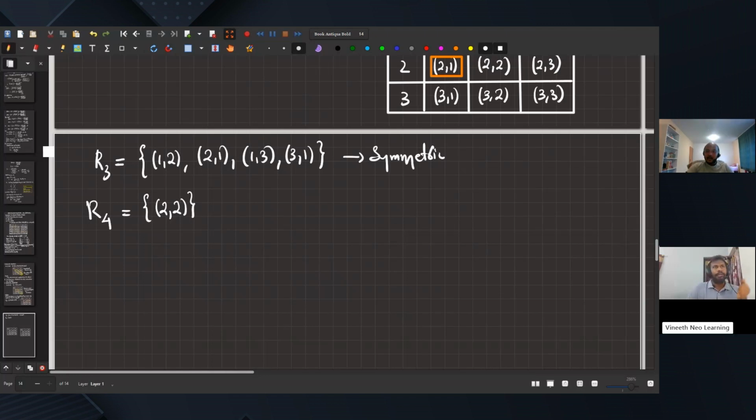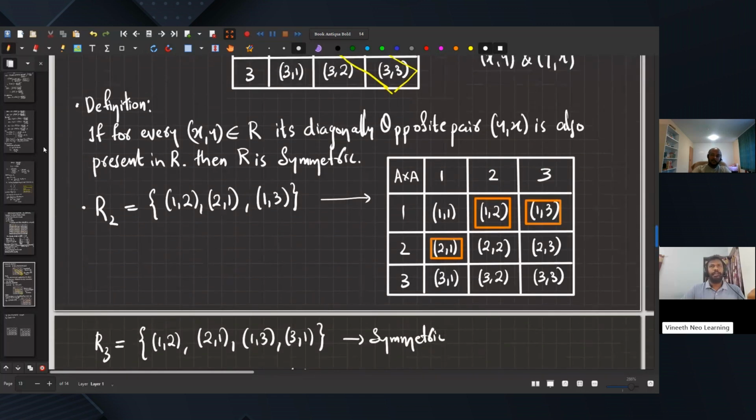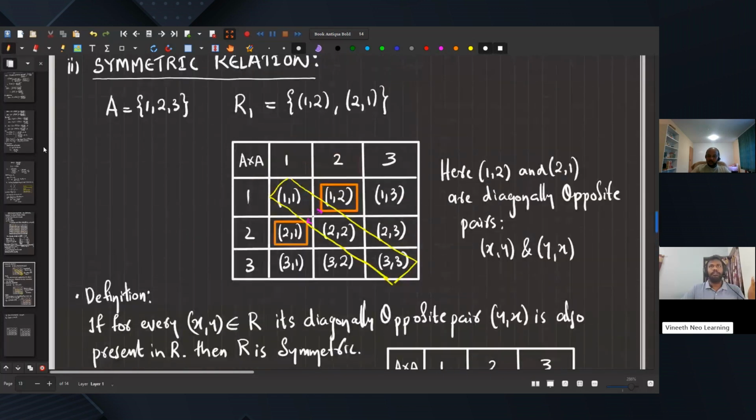Why? (2,2), (2,2). Exactly. If x and y are the same, then (x,y) is present and (y,x) is present because x and y are the same. This is symmetric. That is what symmetric relations are.